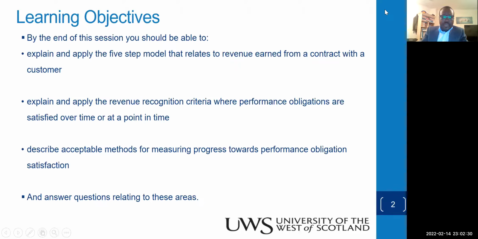At the end of this session, we want you to understand the 5-step model that relates to revenue recognition, measurement and reporting, especially revenue earned from a contract with a customer. The same thing happens when you work with a company like EE, Vodafone or Virgin Media, where they give phone contracts to people.